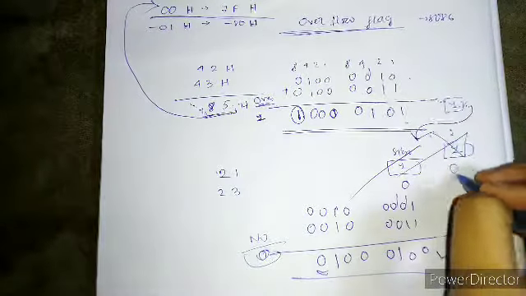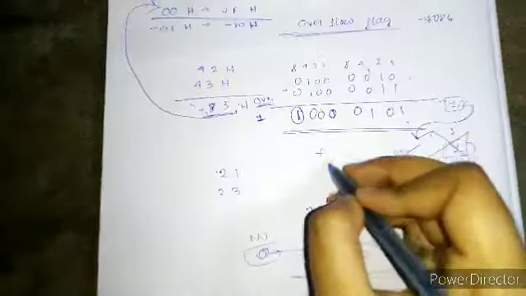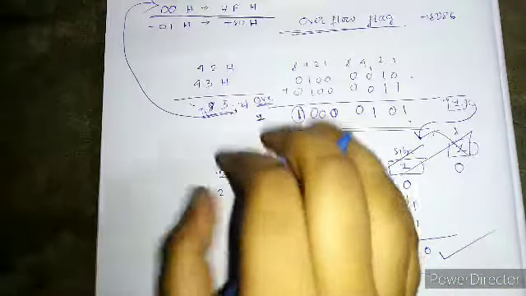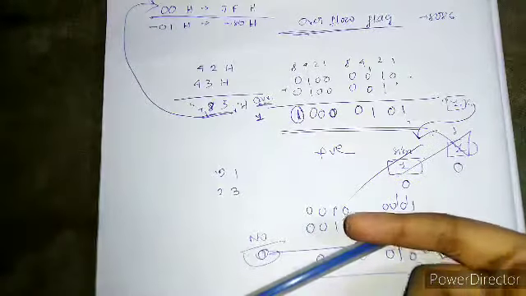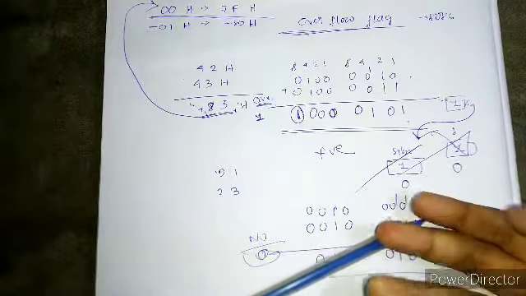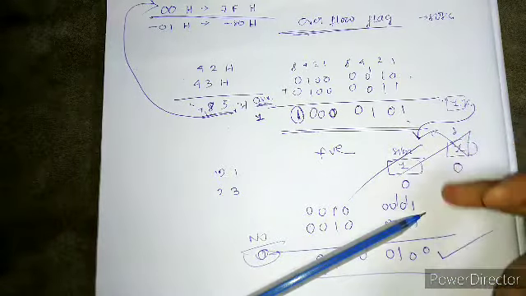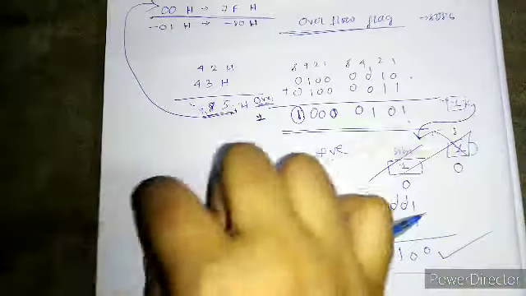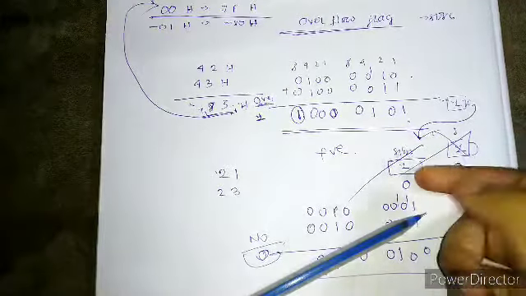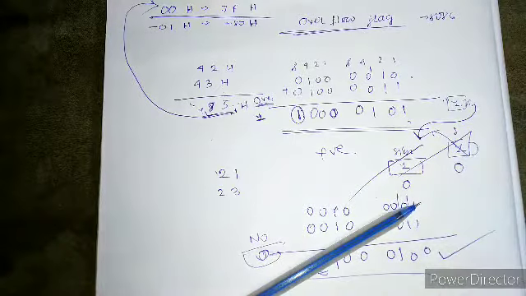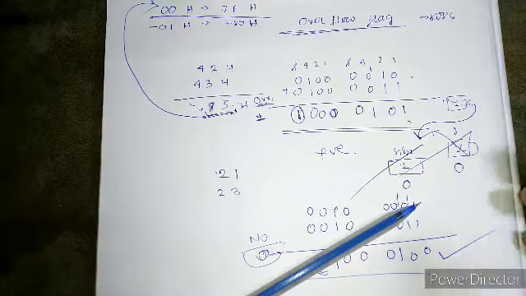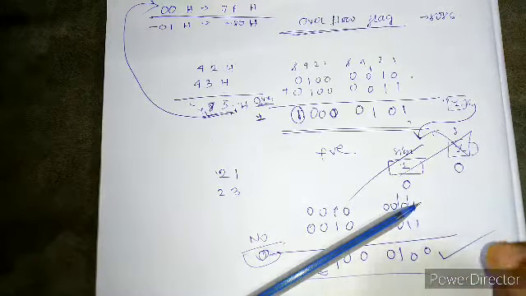The sign flag should be 0 and the result is a positive number. After any addition, if the MSB is 0 this is a positive number, and if the MSB is 1 then it is a negative number. Hence these flag registers are called status flags, and these were the 5 flag registers in 8085.